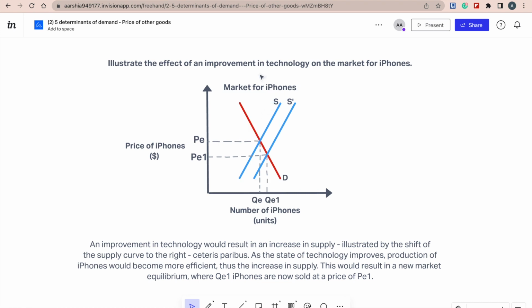So if there is an improvement in technology, this would mean that there is an improvement in the efficiency of production for iPhones. Therefore, there would be an increase in supply of iPhones. So this would be illustrated by a shift of the supply curve to the right, and we can show this with an arrow.